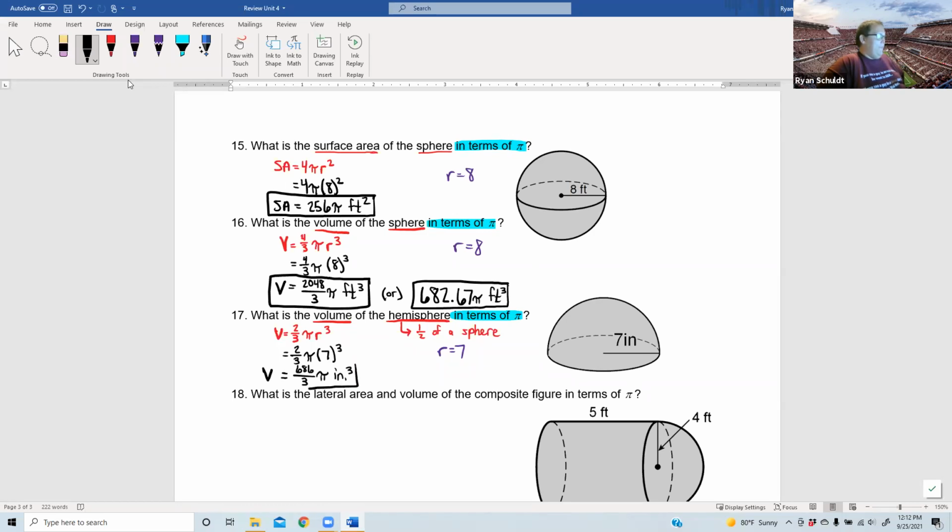Now, if you wanted to put that as a decimal, divide 686 by 3.